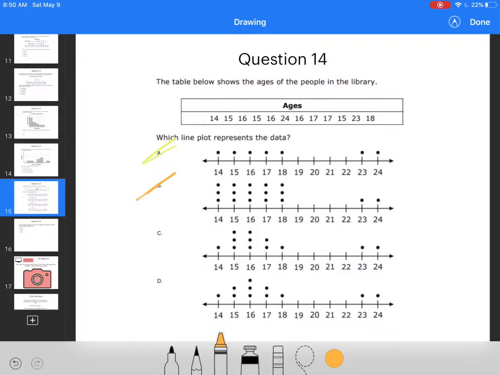C, I have 1 14. I have 1, 2, 3 15s, yep. I have 3 16s, 1, 2, 3, 2 17s, an 18, a 23, and a 24, yep. So it's definitely C, D is out.